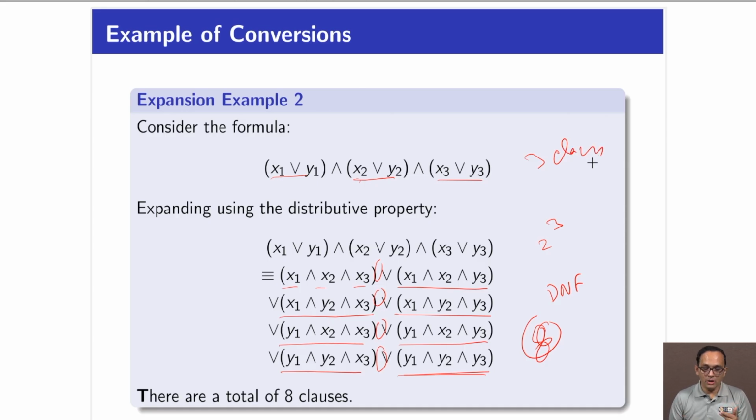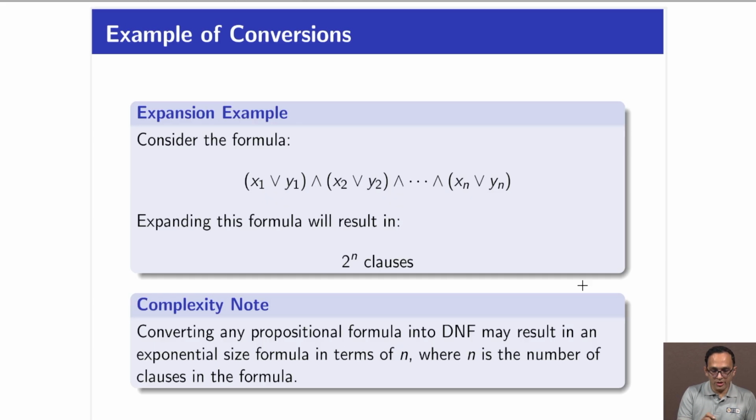Now if you have 4 clauses, it would have been 2 to the power 4, 16 clauses in the converted DNF. So, this way if you have a generic formula with n clauses, each with 2 terms or literals, I will end up getting 2 to the power n clauses in the DNF formula.